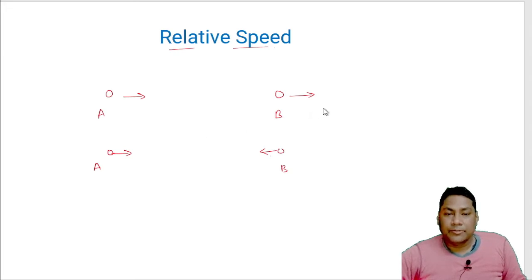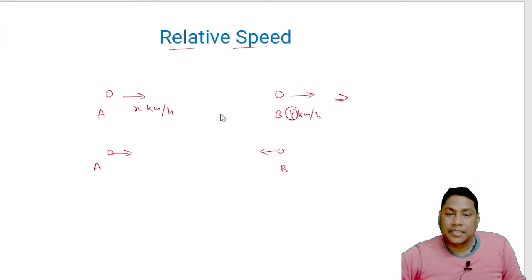So friends, what will be the relative speed when A and B move in the same direction? Let us assume the speed of A is x kilometer per hour and the speed of B is y kilometer per hour.